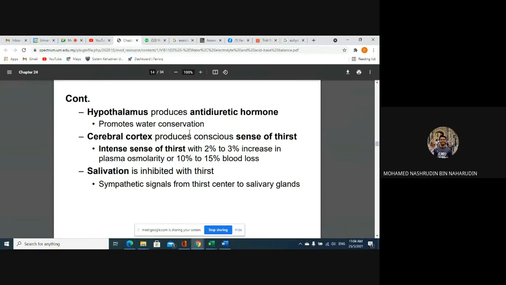It will retain the water. If someone is dehydrated, of course, antidiuretic hormone will be secreted from the hypothalamus to stop further water loss from your body.